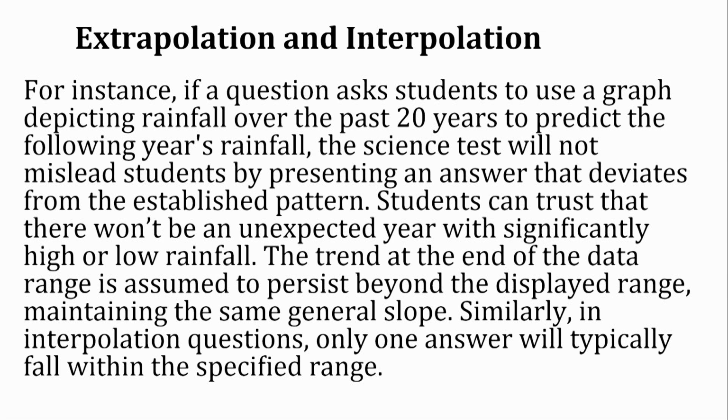Students can trust that there won't be an unexpected year with significantly high or low rainfall. The trend at the end of the data range is assumed to persist beyond the displayed range, maintaining the same general slope. Similarly, in interpolation questions, only one answer will typically fall within the specified range.